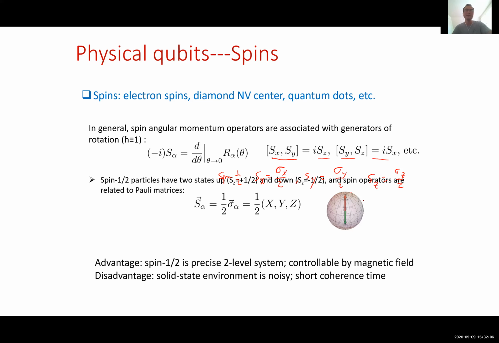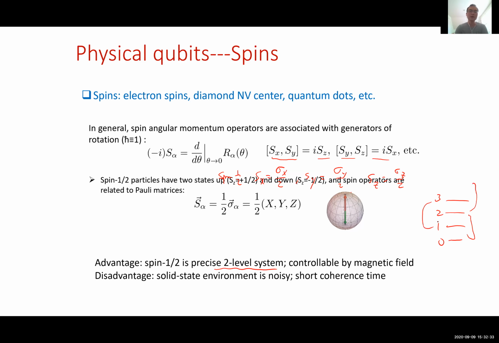The advantage of using spin is that a spin 1/2 particle is a really precise two-level system. If you use photons, you could have 0 photons, 1 photon, 2 photons, 3 photons. That's why in the coherent state, you use even and odd numbers of photons.